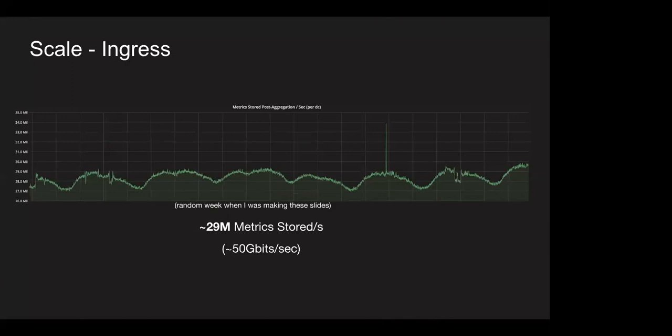So we would aggregate that metric over 1 minute time windows and send those to our storage tiers. So after aggregation, we actually reduce our number of metrics to about 29 million every second and send it to our store. It's still a lot. It's like 50 gigabits per second. So that amount of scale means that we need a solution which can scale out very easily.